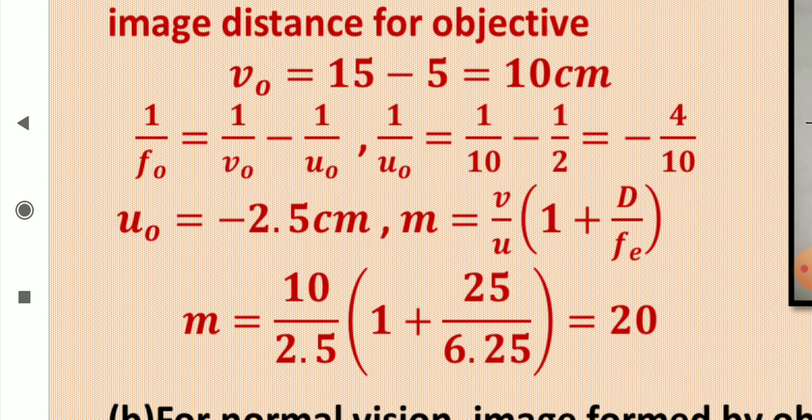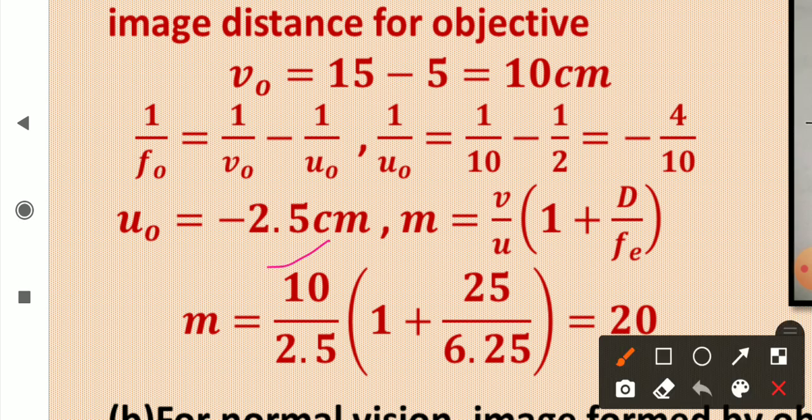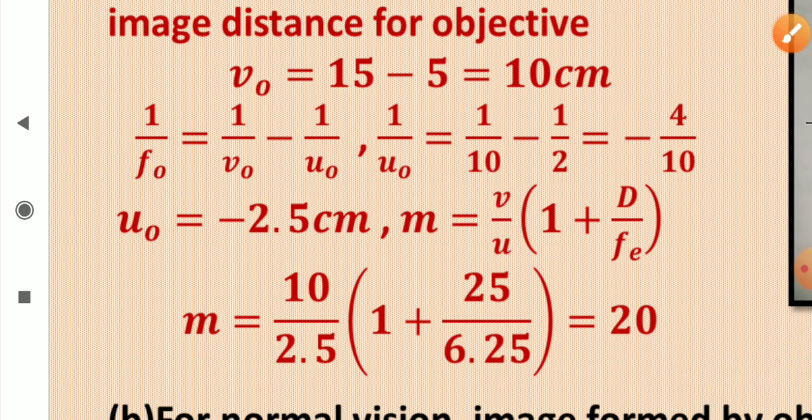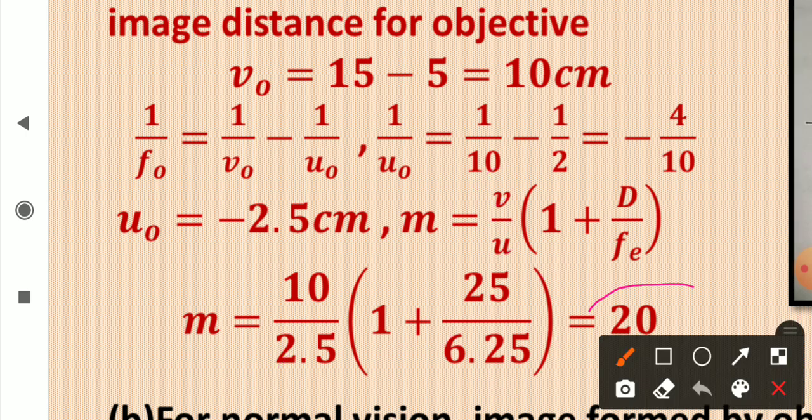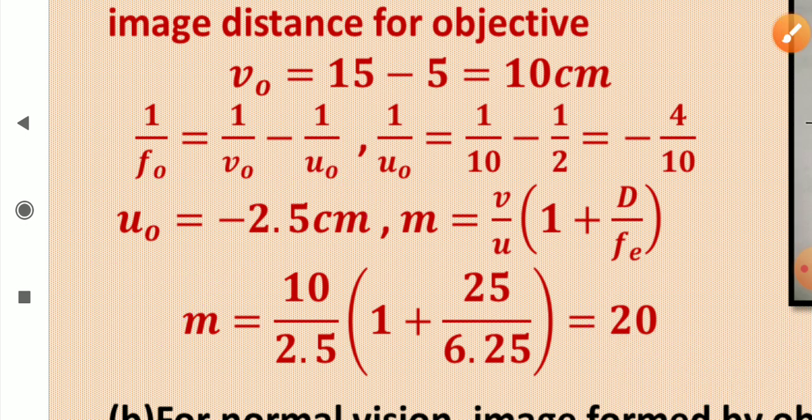So for objective lens, the image distance is 10 V, object distance is 2.5 U into 1 plus D, the value of D is 25 and FE is 6.25. Simplify it and the magnifying power comes out to be 20. So for the least distance of distinct vision, the magnifying power is 20 and the object distance is 2.5 centimeter.